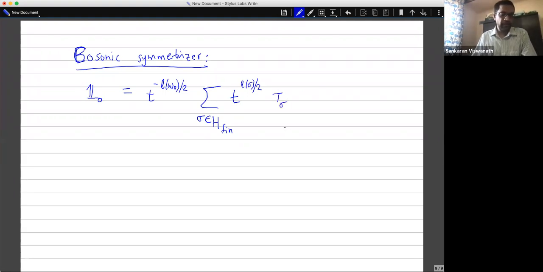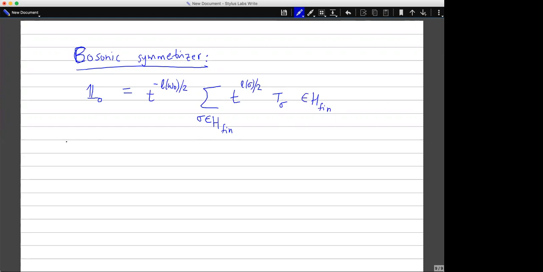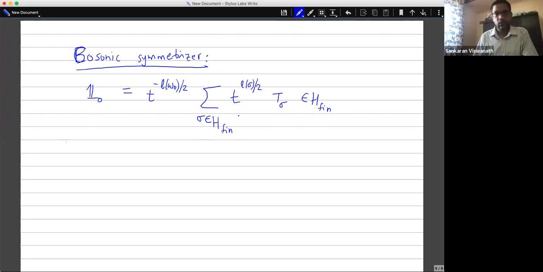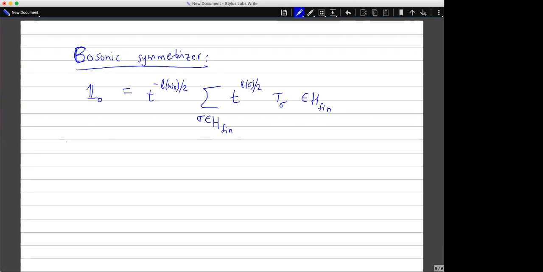Okay, so this is now an element of the finite Hecke algebra. Recall, the finite Hecke algebra is the subalgebra of the DAHA generated by T1, T2, up to Tn minus 1, and sigma is in Sn.